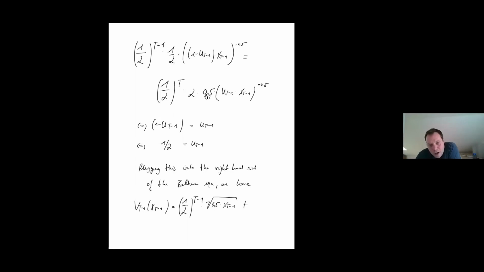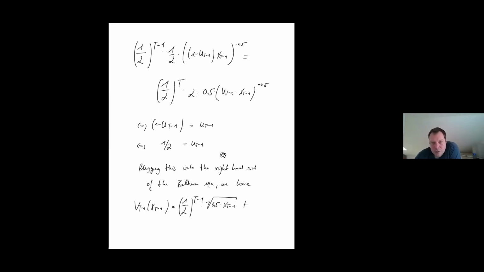The 2 times 1/2 is just 1, so we do not care. On both sides, we have this square root thing. You can get rid of the square root, and you have a linear effect or the same effect of the state on both sides. So you can just calculate the u capital T minus 1, which is just 1/2. Knowing that, we know in the last but one period, the best thing to do would be to pick my control to be 1/2.